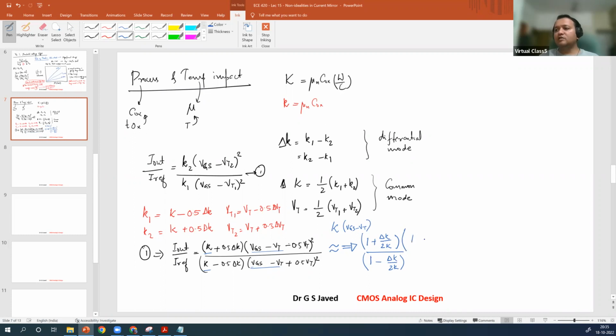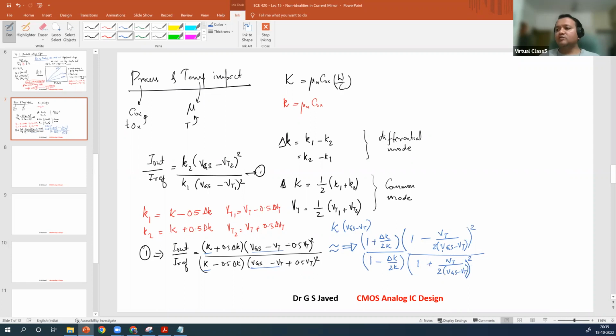What will be left over is 1 minus delta VT by 2 times VGS minus VT whole square. Similarly below, it will be 1 plus delta VT divided by 2 times VGS minus VT the whole square.